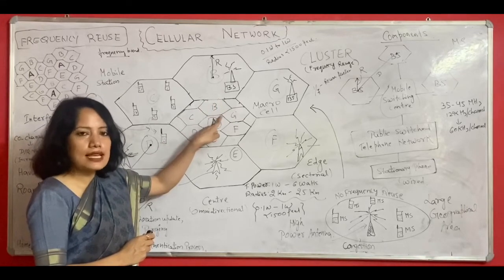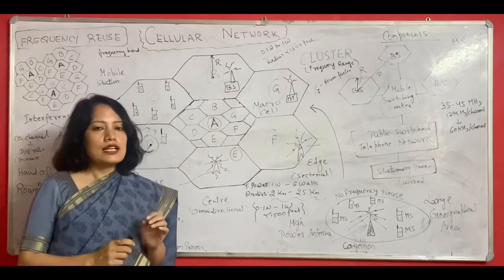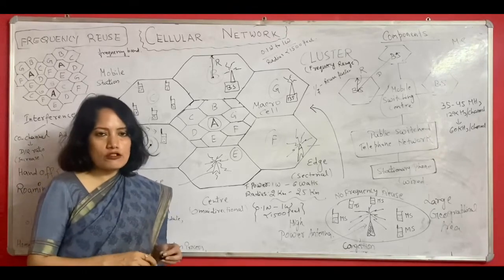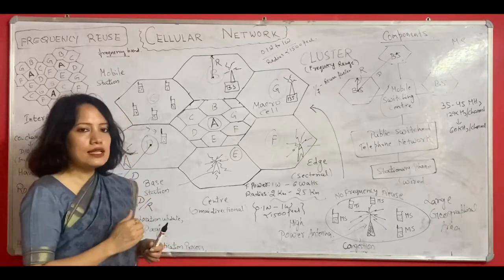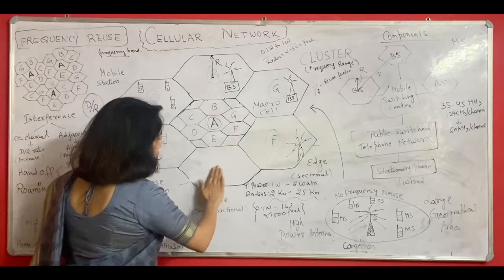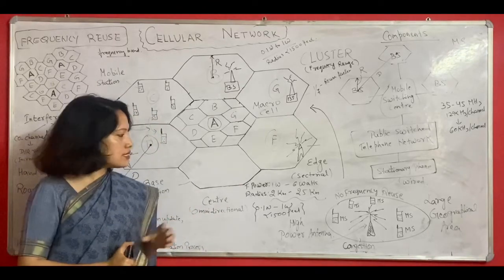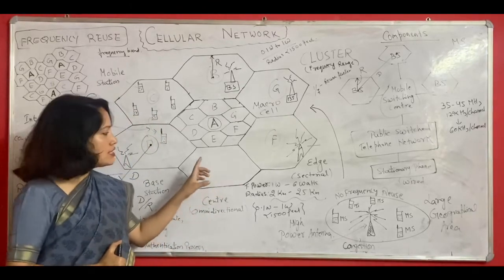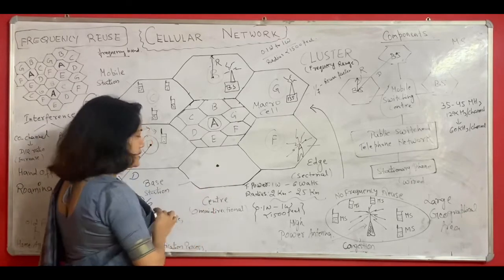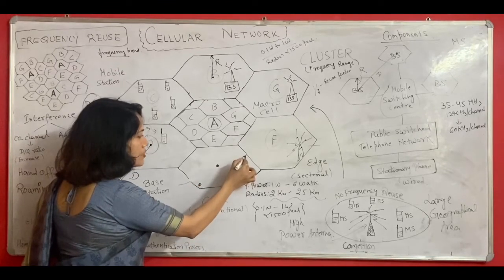within each cell. Now the next important thing is cell sectoring. Now to deal with an increased number of subscribers, cell sectoring can also be done. So what is cell sectoring? To help you understand what cell sectoring is, I must tell you in how many ways an antenna can be placed within a cell. An antenna can be placed at the center, at the corner, or at the edge.